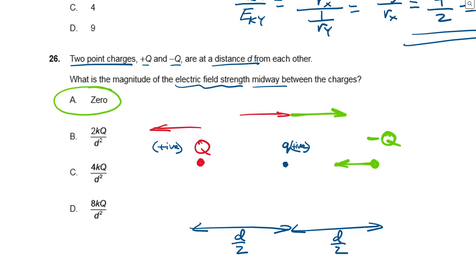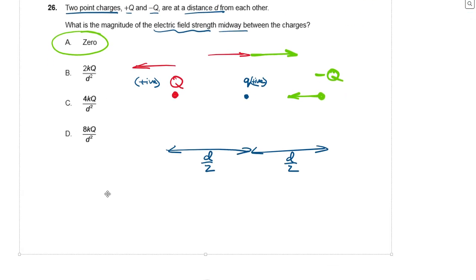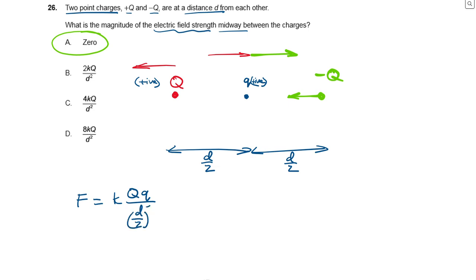It then comes down to the formula. The formula we know is F is equal to kQq over r squared, and r squared is d over 2 squared. This is the same for both charges, this and this.